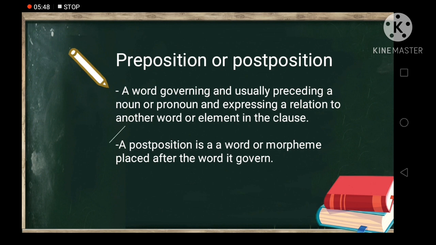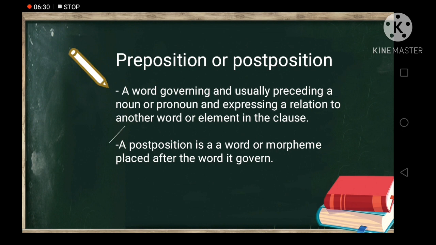Next on the list is the preposition or postposition. A preposition is a word governing and usually preceding a noun or pronoun and expressing a relation to another word or element in the clause. So that is the meaning of preposition, and I'm going to give you an example, and the sentence is the man on the platform.